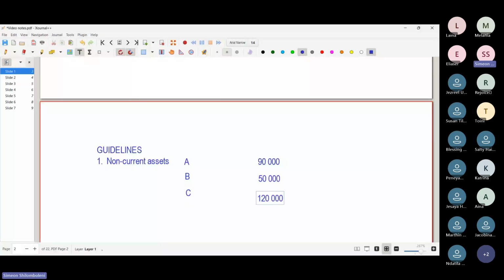Make sure you categorize your assets because each asset is treated differently, even though once we calculate, we are going to put the amount together. Categorize them as either A, B, C, or you put the amounts. That is the first thing.